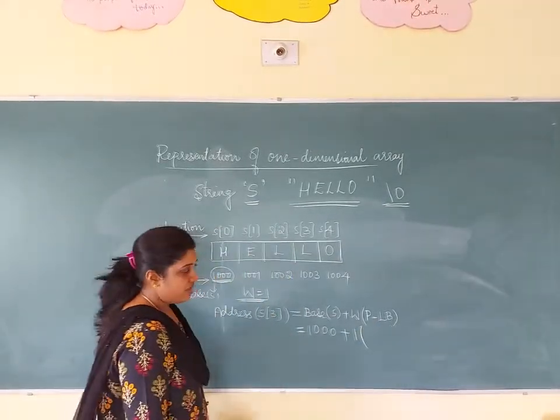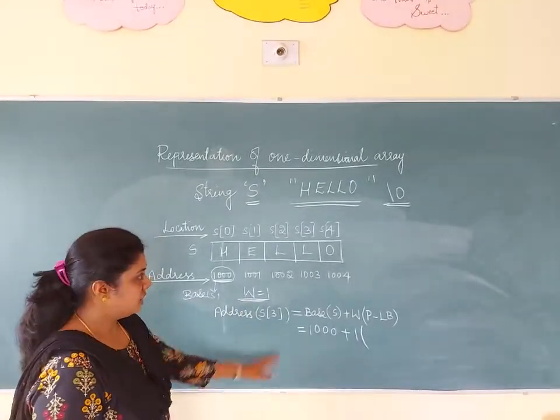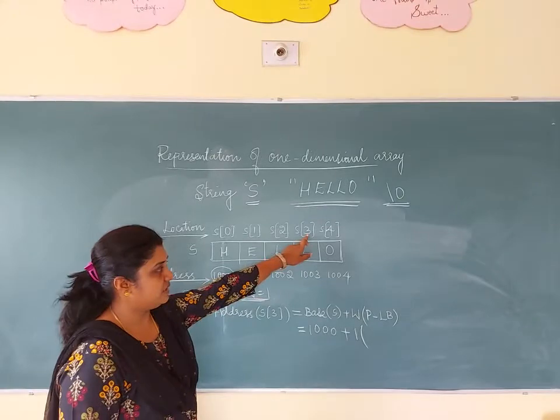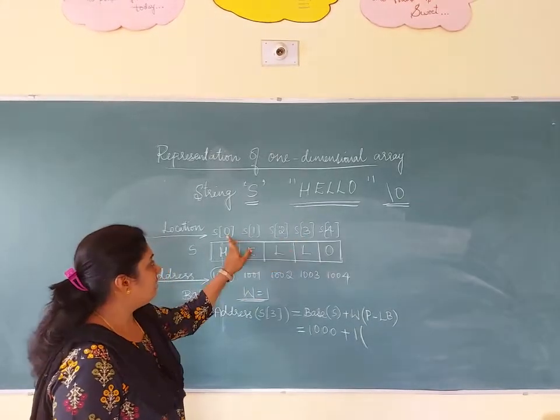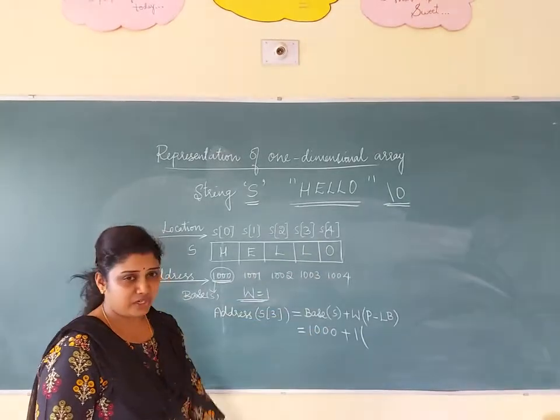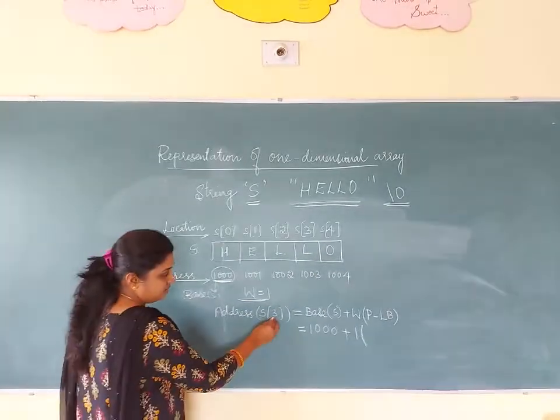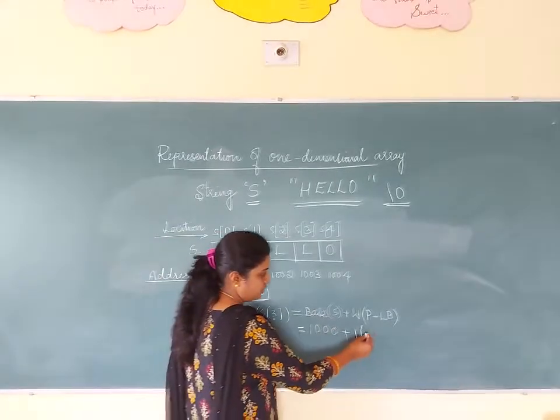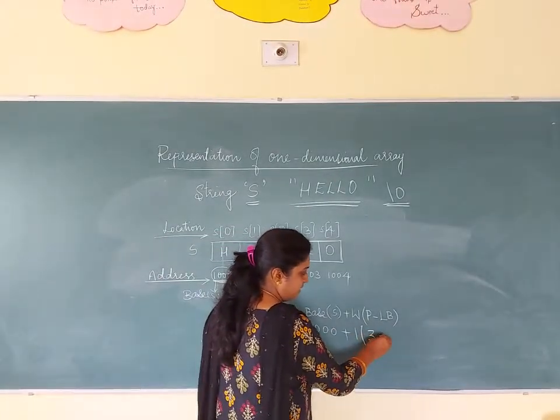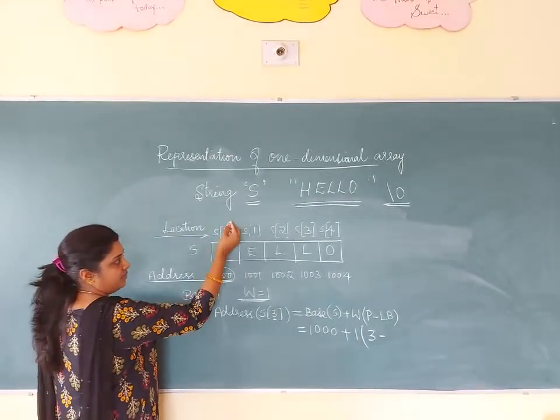Then P. P means the position for which you have to find an address. So what is the position now? 3. See, these are the positions: 0, 1, 2, 3, 4. P means either position or location. You have to find the address of this 3. So now the P value is 3 minus the lower bound. Lower bound means 0, as we discussed.